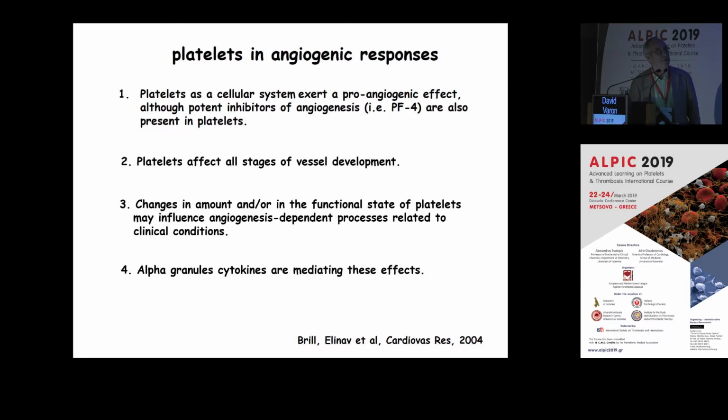They affect all stages of angiogenesis, and changes in the amount and the functional state of the platelets may influence angiogenesis-dependent processes. And I already told you about the differential release of granules by different agonists.